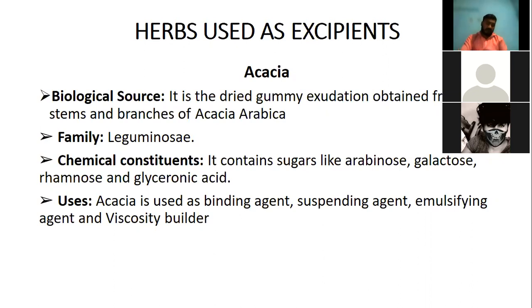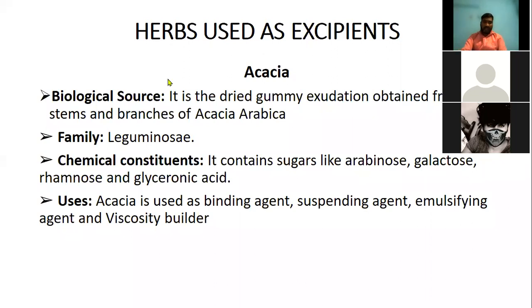One more important point is the chemical constituents. Acacia contains various chemical constituents, such as sugars like arabinose, galactose, rhamnose and glucuronic acid. These are some of the chemical constituents that may be present in Acacia arabica.